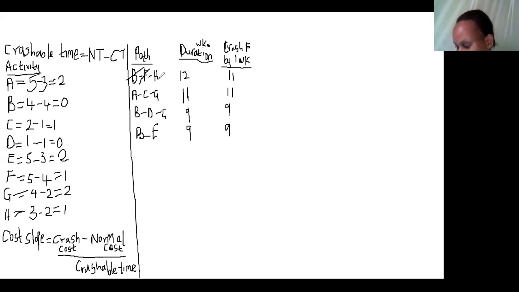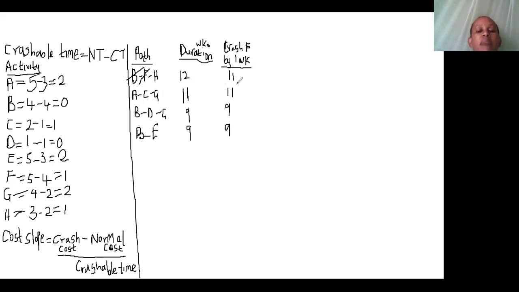The cost slope for that is 1,000 from the data given in the question. And if we were to reduce H by only 1 week, this period of 11 weeks will go down to 10. But you'll see that the 10 will be smaller than the 11, which corresponds to the next path. So when we crushed activity F, what happened?